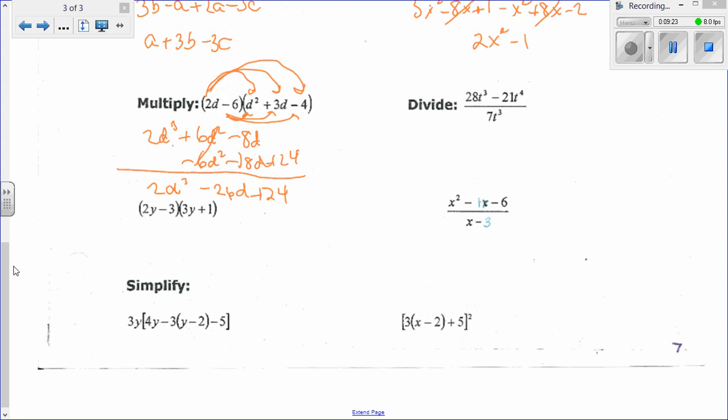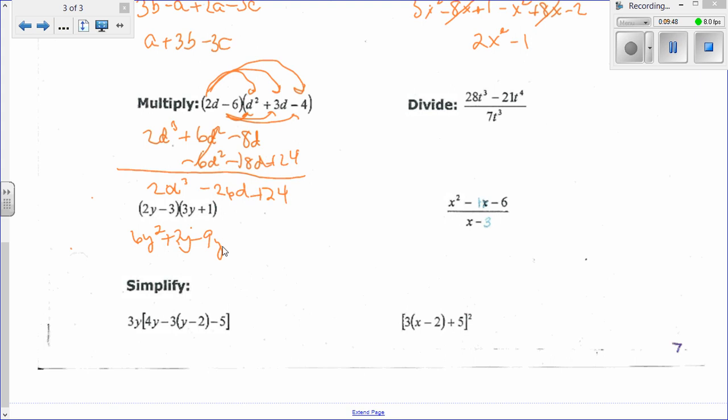The one below is just simply a FOIL. So 2y times 3y is 6y squared. 2y times 1 is plus 2y. Negative 3 times 3y is negative 9y.